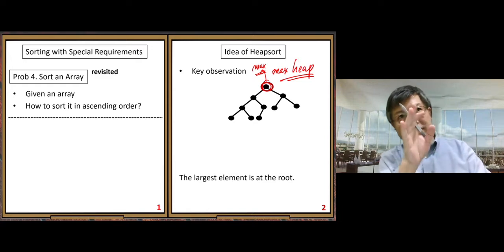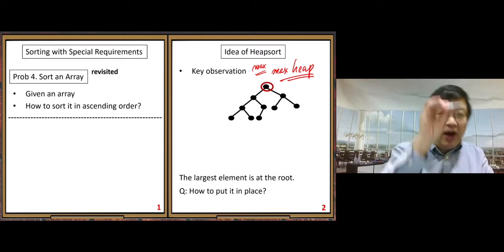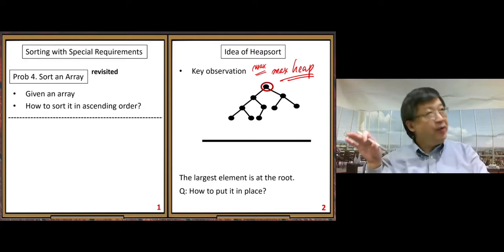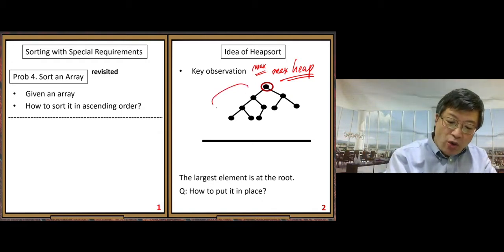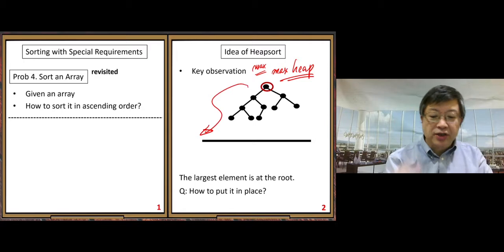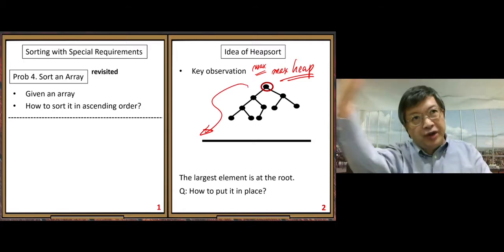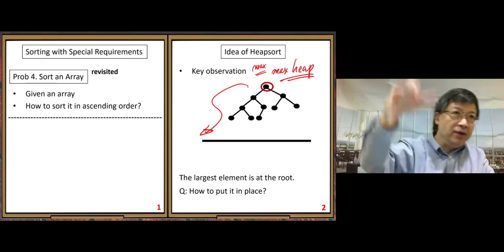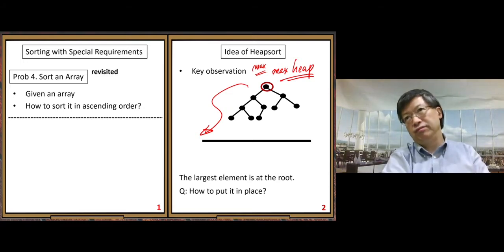All right, let's look at this question first. How do we put the root element in place? Let us examine the current array. We store this heap in the array, and we just imagine the heap structure as a nearly complete binary tree. That's the imaginary thing.